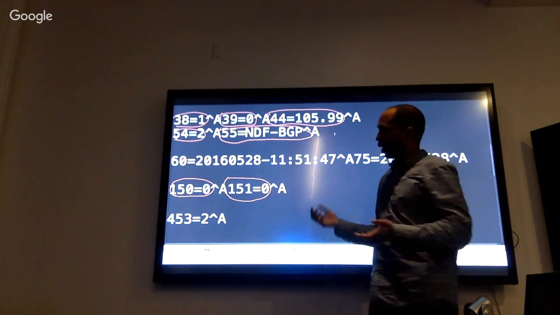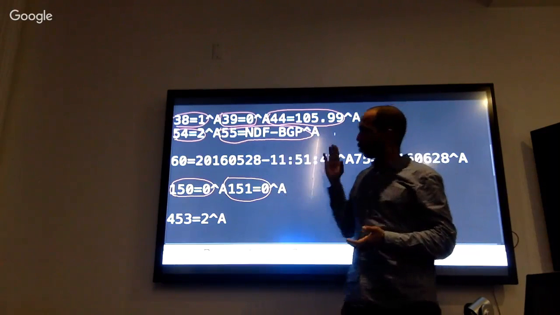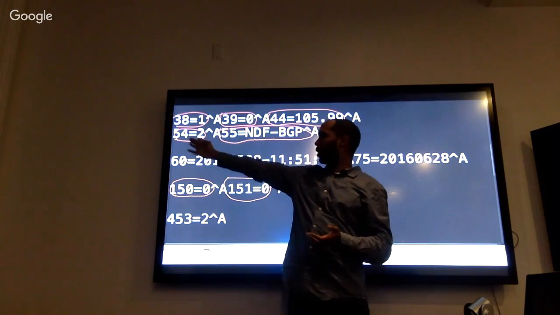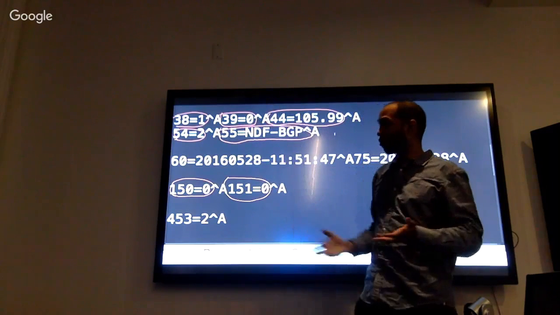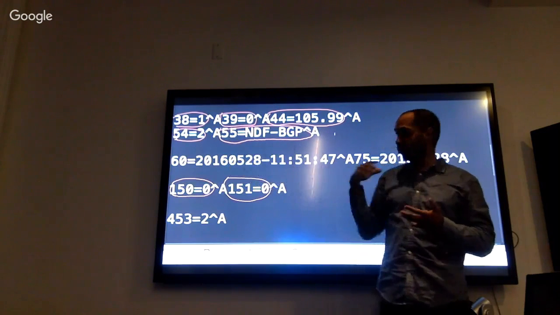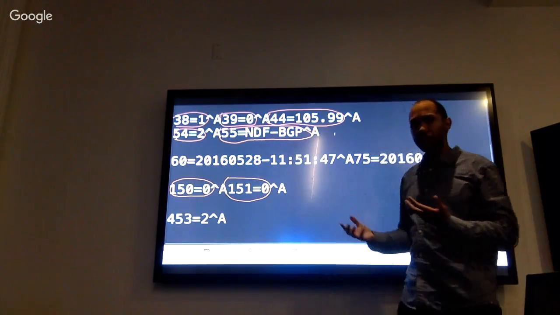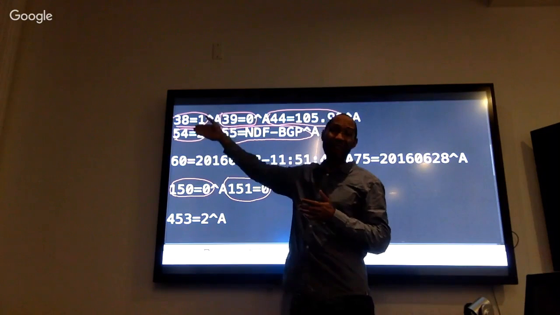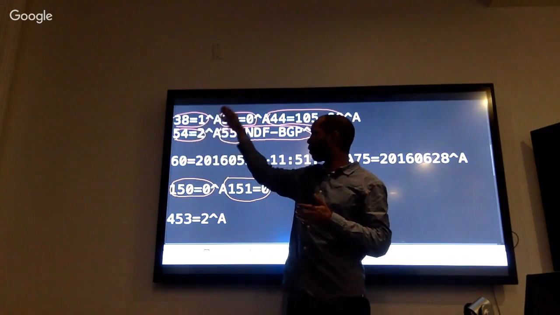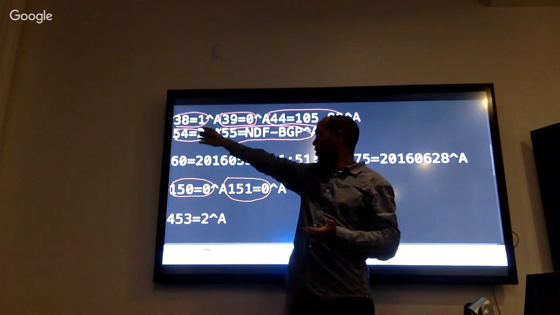If I want 54 to represent the time of day, that's fine, assuming whoever I'm trading with agrees and we both understand each other. But generally speaking, that's bad practice. 54 is supposed to be used for side, so it should be used as such. 54 equals 2, as per the protocol, means sell.